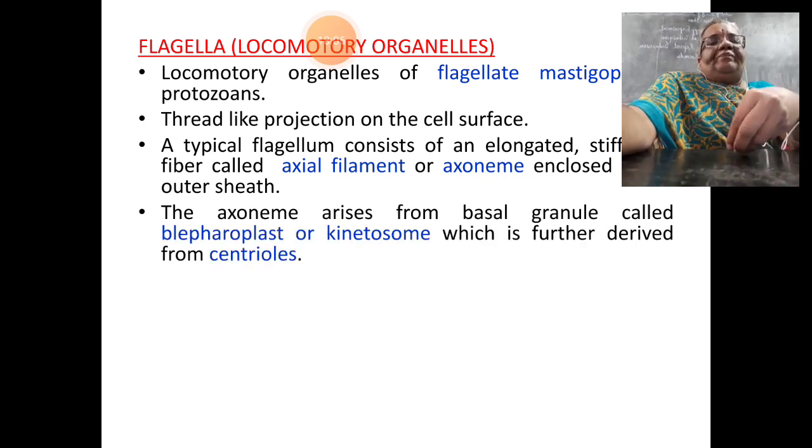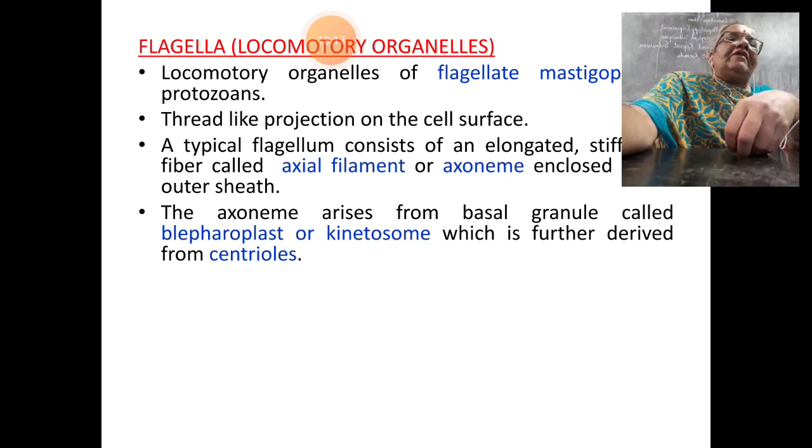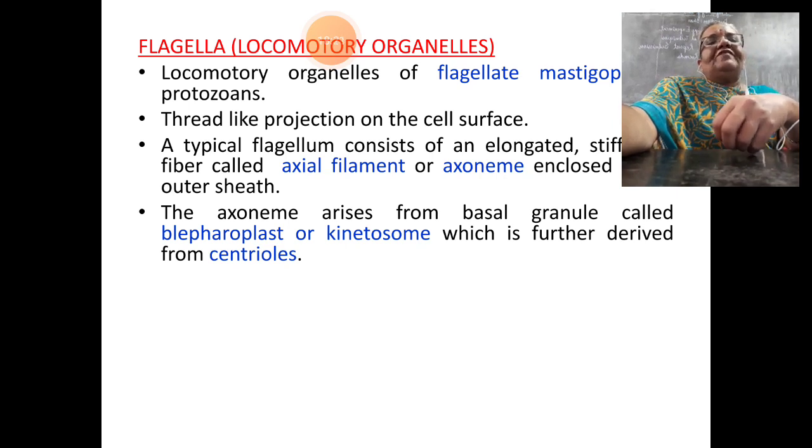Then the axoneme, or the axis, arises from a basal granule, a granular structure called the basal granule, and this basal granule in protozoans is often referred to as blepharoplast or kinetosome. And please note, basically the kinetosome or blepharoplast is a product of the centriole.